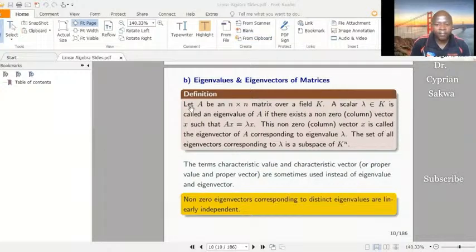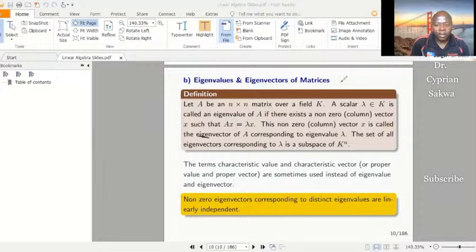Let A be an n by n matrix over a field K. Then a scalar lambda in K will be called an eigenvalue of A if there exists a non-zero column vector X such that the product of A times X will equal lambda times X. So this non-zero vector, which we write as a column vector, is what we call the eigenvector of A corresponding to lambda.